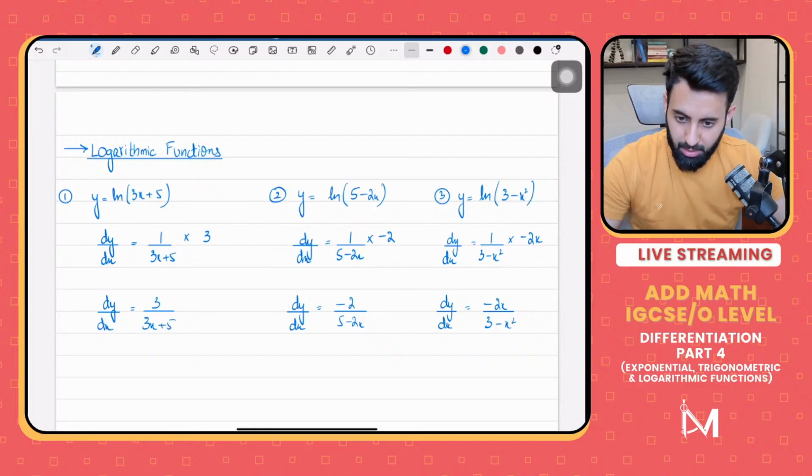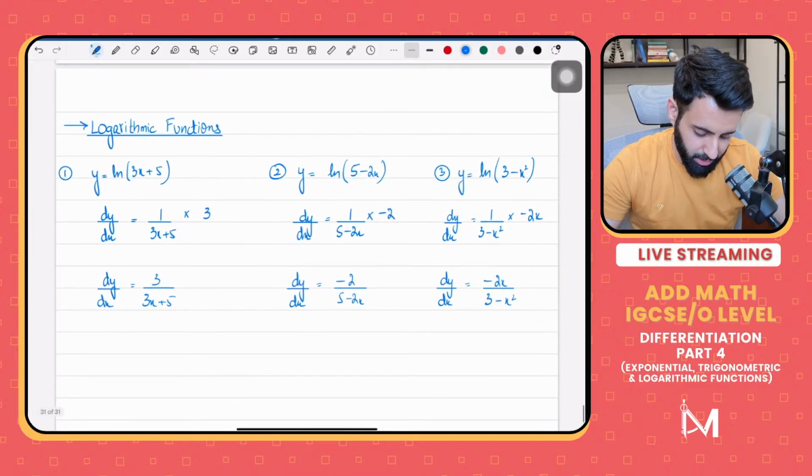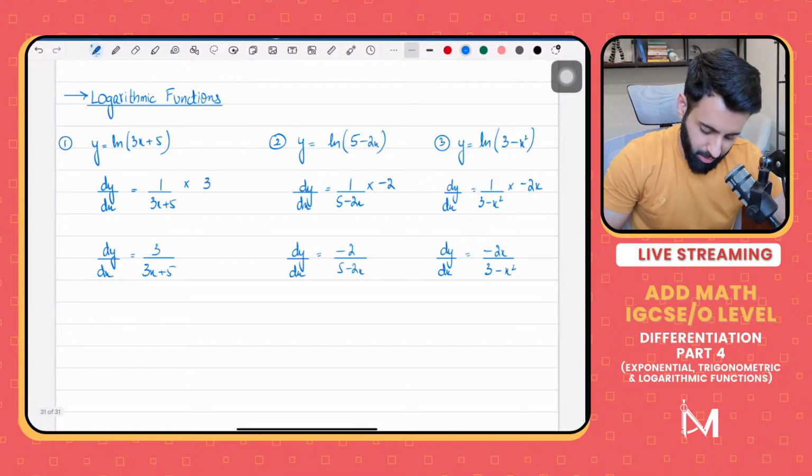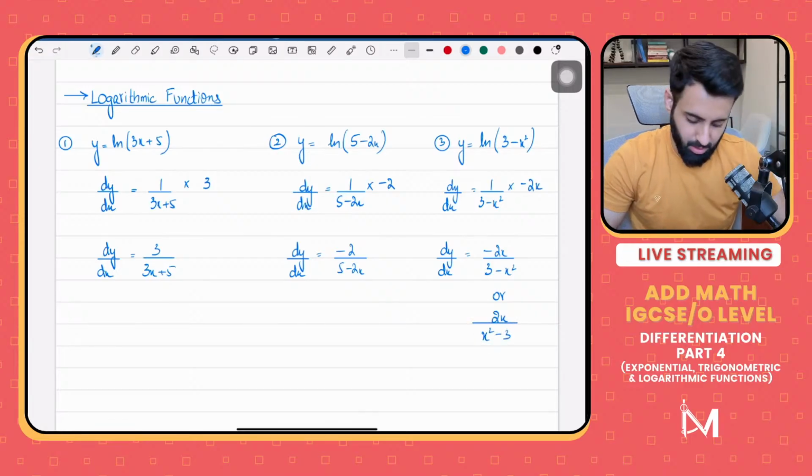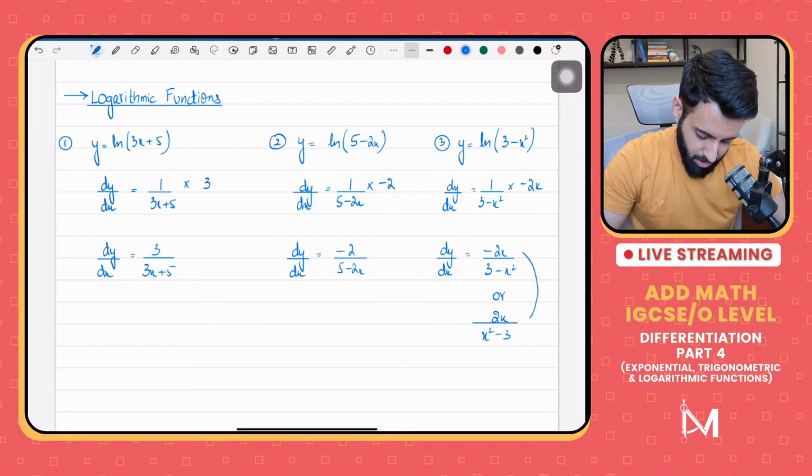Now you can change the sign. You can write this as 2x upon x square minus 3. That's the same thing. Sometimes the marking scheme changes the order of the answer for no reason and we get confused. So you can write this as 2x over x square minus 3. It's the same thing. So these two are the same.